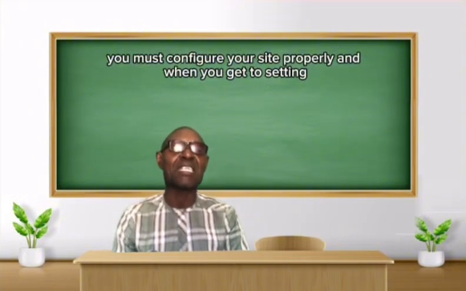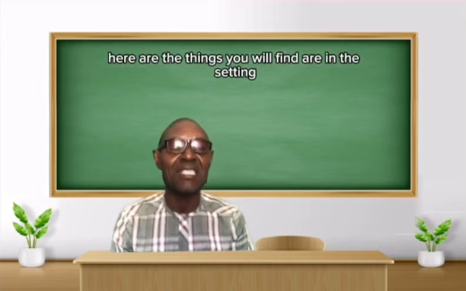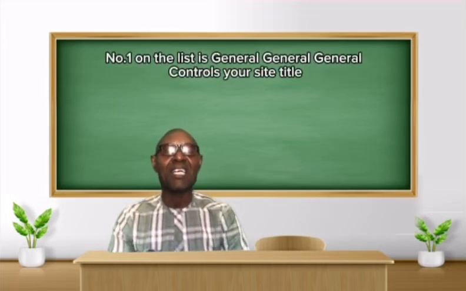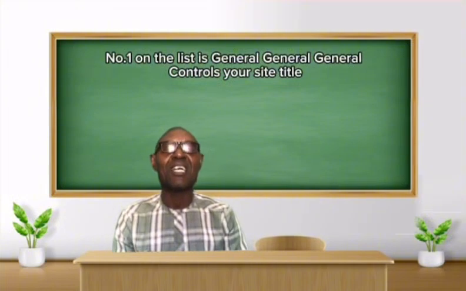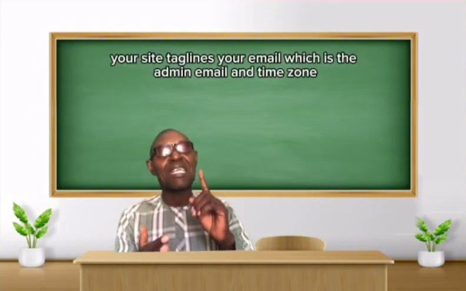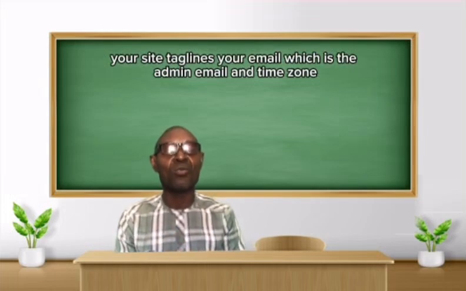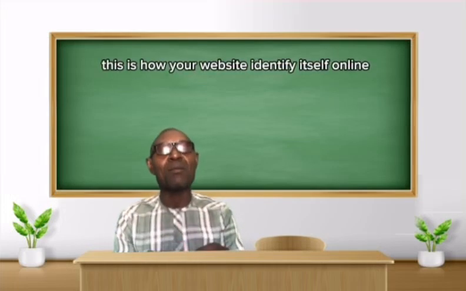And when you get to settings, here are the things you will find. Number one on the list is General. General controls your site title, your site tagline, your admin email, and time zone. This is how your website identifies itself online.